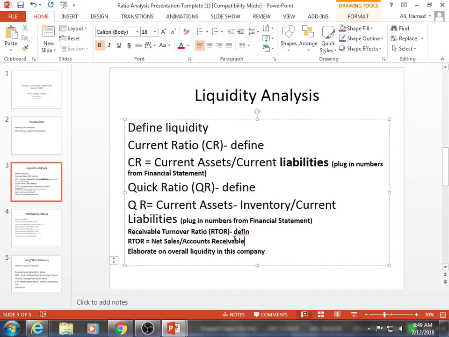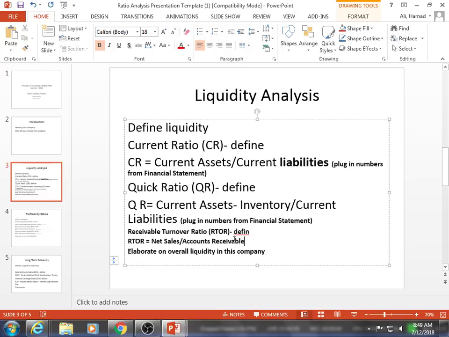Your receivable minus allowance for doubtful accounts is equal to your net receivable. If you don't have it in here, whatever you have here is your net receivable. That's the same thing.